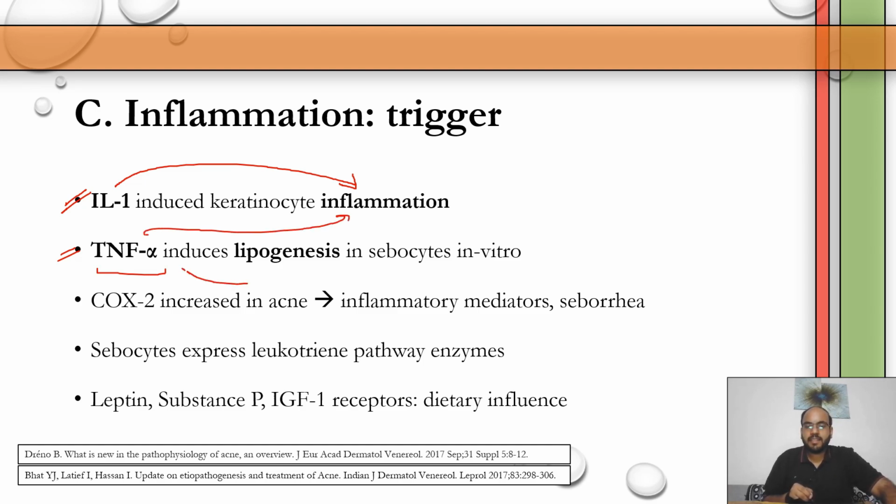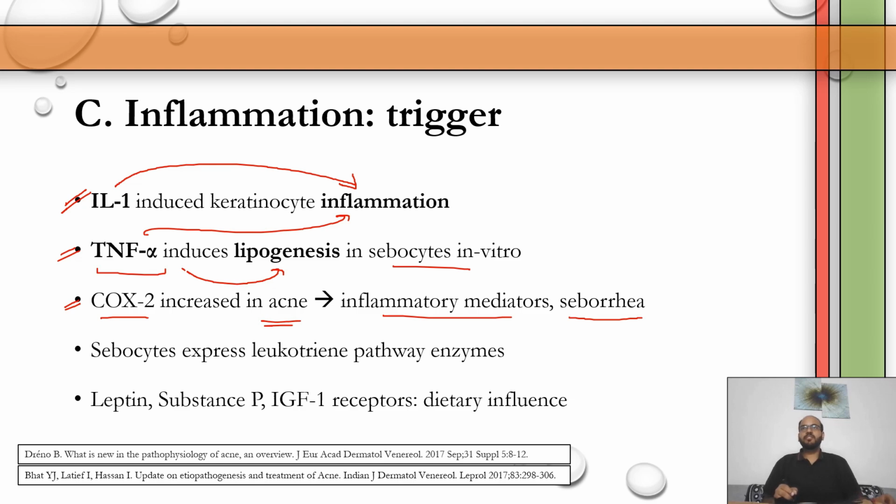Here TNF alpha increases inflammation. It also increases lipogenesis, that means formation of more lipids in the sebocytes. So TNF alpha is increasing inflammation and increasing oil production by sebocytes. The COX-2 enzyme, the cyclooxygenase 2 enzyme, is also increased in acne, and it is responsible for inflammatory mediator formation and increased sebum.